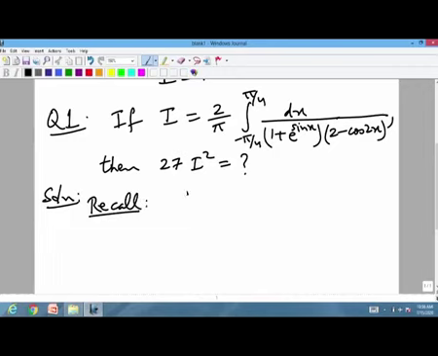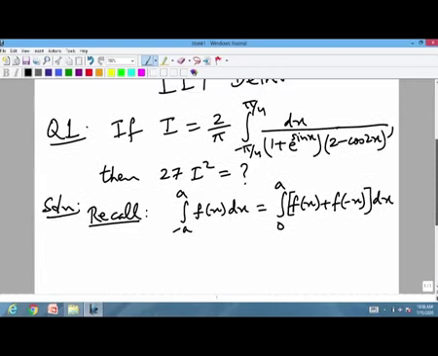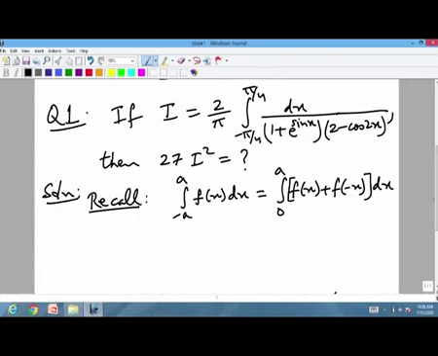For any function f(x), the integral from minus a to a of f(x) dx is equal to the integral from 0 to a of f(x) plus f(minus x) dx. So, instead of evaluating from minus a to a, we can just evaluate from 0 to a.